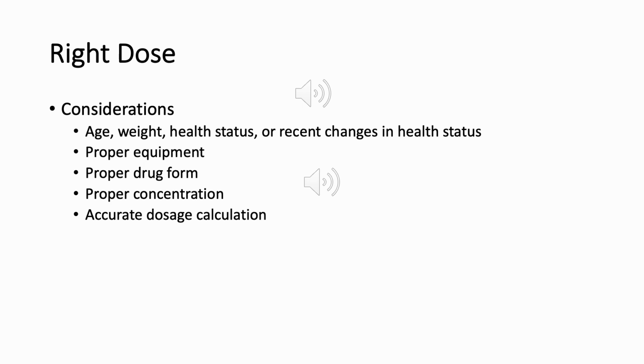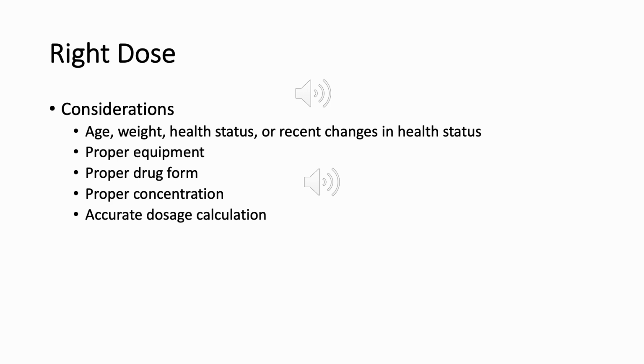Giving the correct dose of a drug also requires that you use the proper equipment. Insulin must be measured in an insulin syringe. It also requires the proper drug form, oral or rectal, water or oil-based, scored tablets or coated capsules, the proper concentration, and that you accurately calculate the right drug dose.